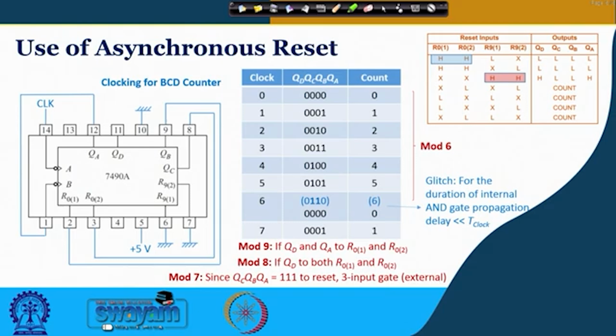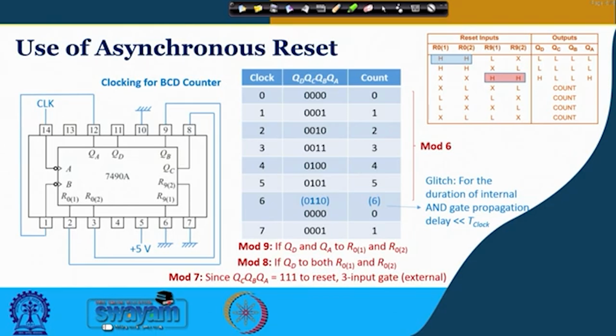It will be clear from today's discussion how asynchronous reset can be used to get different kinds of modulo numbers, and how those internal inputs and the internal AND gate can be useful in this context. That will eliminate the requirement of an additional external AND gate and another IC, taking more space, wiring and other things.